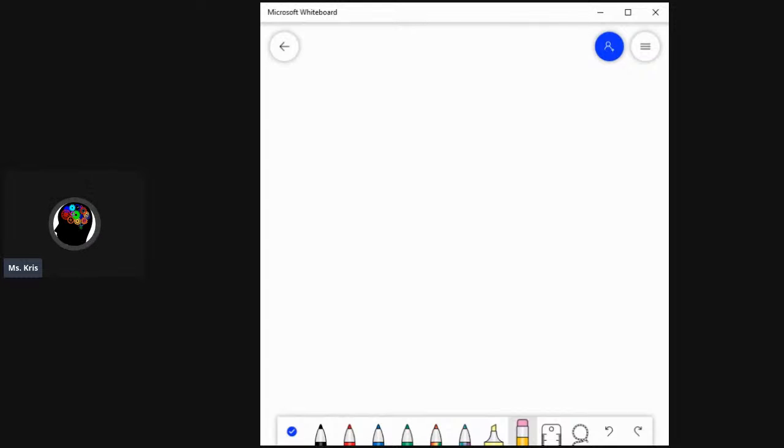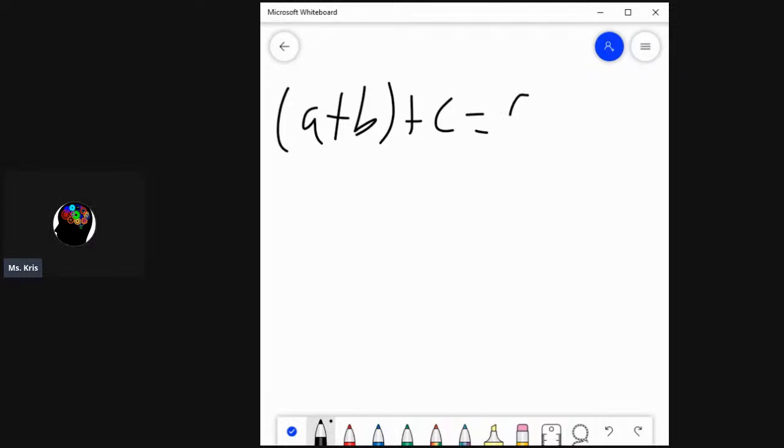Then you have the associative property, which is basically our grouping property. You know that in parentheses A plus B, plus C, is the same as A plus, in parentheses, B plus C. This same rule applies when you're doing intersections and unions.